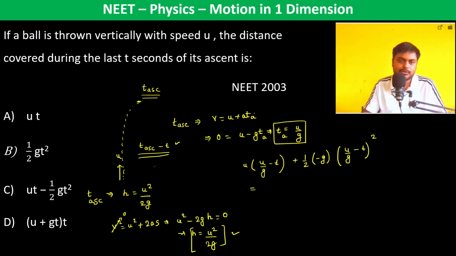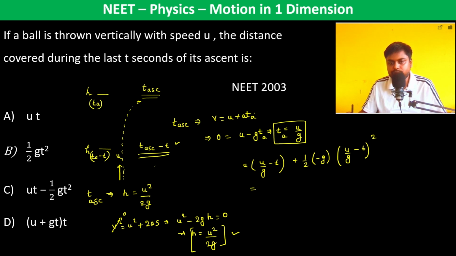So this is h, and here it is h1, the height at time t ascent minus t. This is going to be u square by g minus ut minus g by 2 into (u square by g square minus 2u by g into t plus t square).